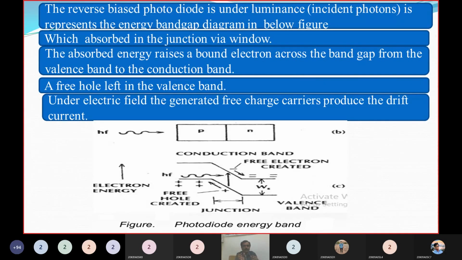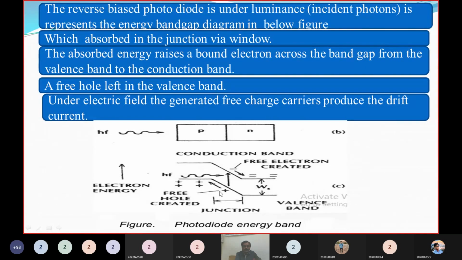The depletion layer width will be in micrometer size only. The reason a larger area is required is that electron hole pairs are generated, which means light is absorbed in this region only.